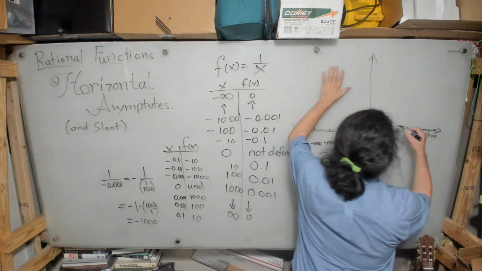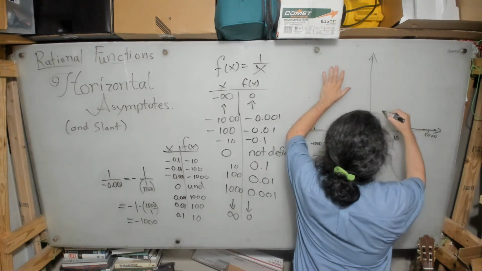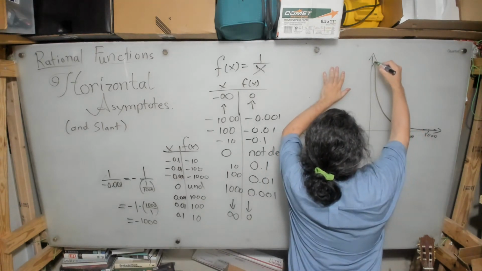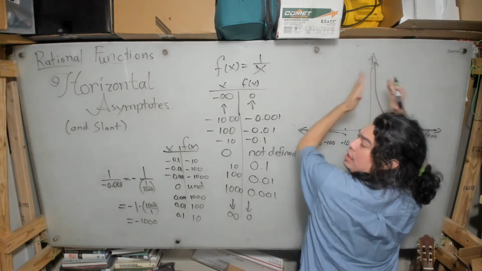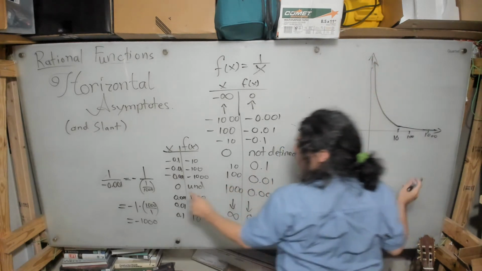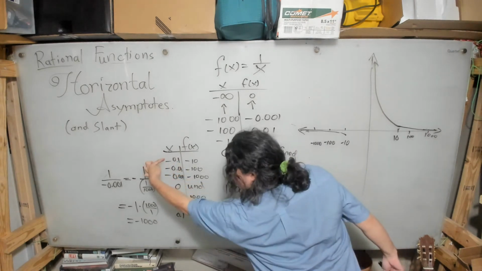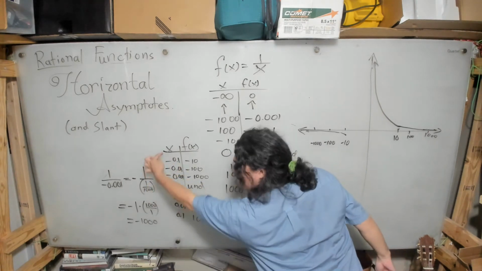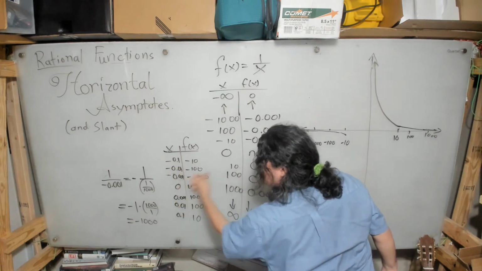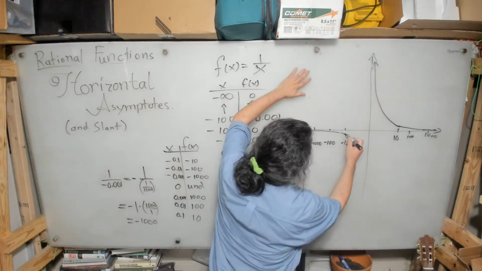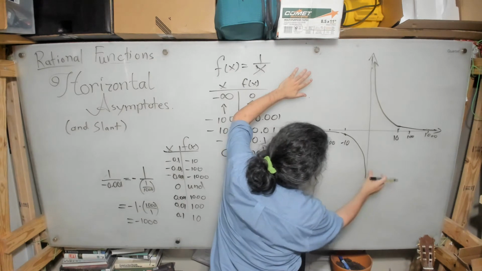So in other words, here, it'll look like this. And we have to imagine that it's getting closer and closer as you get closer and closer to x equals 0. And by the same token, as I'm coming in towards 0 from the negative side, f of x is getting increasingly negative. So it's going to look like this.